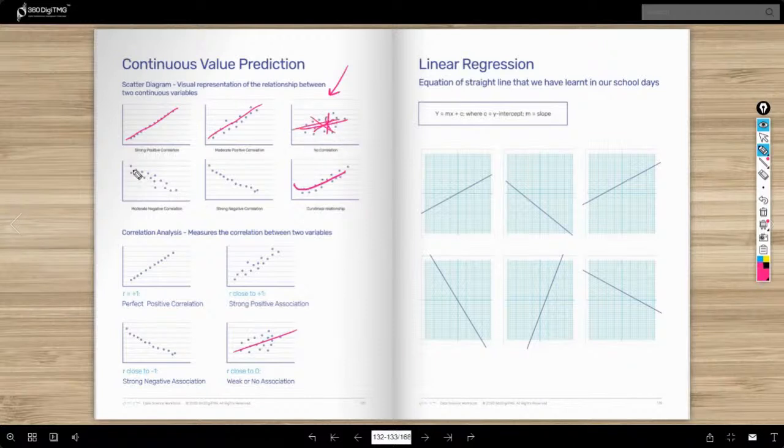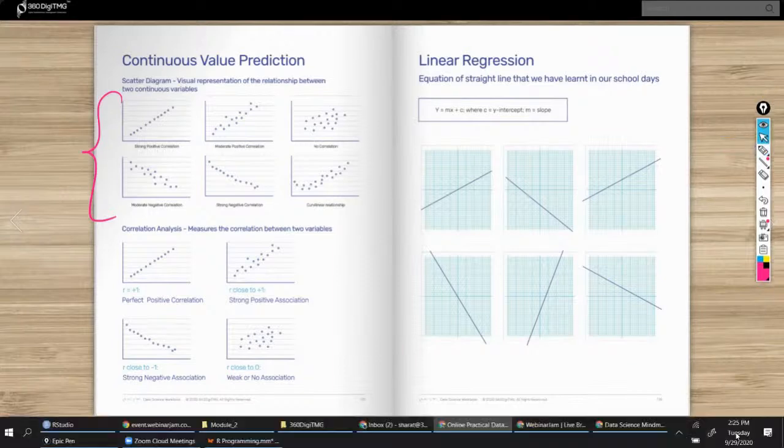So there's no relationship. Now, direction can be negative like this. This is also possible. So when we plot scatter diagrams, we get these kinds of visualizations. Now, from the visualizations, we will not be able to interpret whether the relationship is strong, weak, or moderate, right?